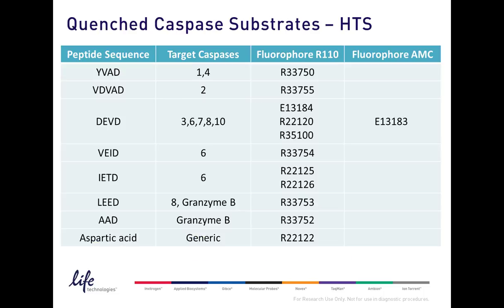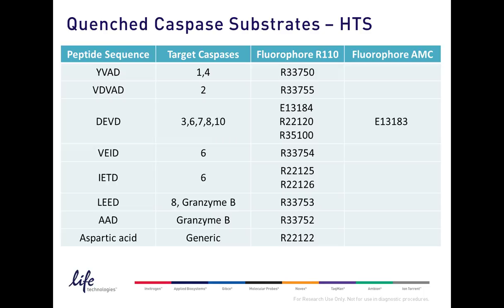Also, in cell-free systems, if you take a cell lysate, you can use some of our quenched caspase substrates that pick up different motifs. The peptide sequences listed on the left are specific for various caspases. You can see here the DEVD, which is mainly used for caspase 3/7, but will also be cleaved by caspase 6, 8, and 10. Some of the other sequences there: VEID for caspase 6, as well as IETD.